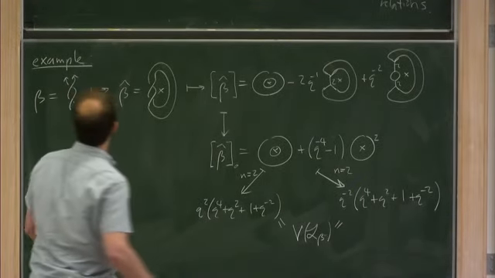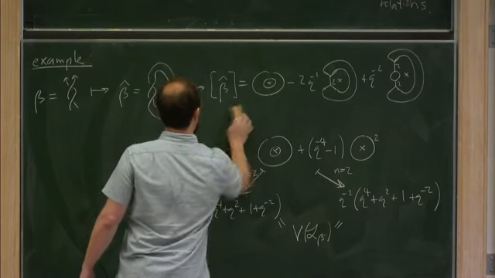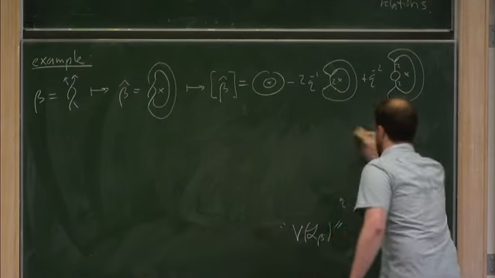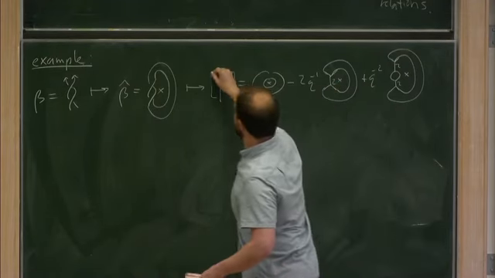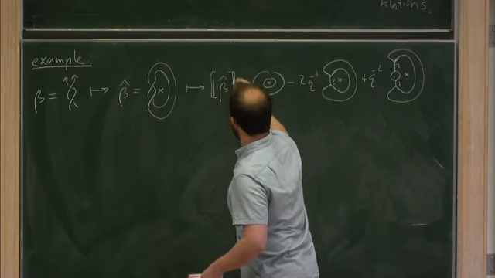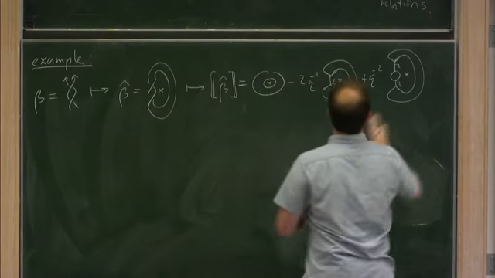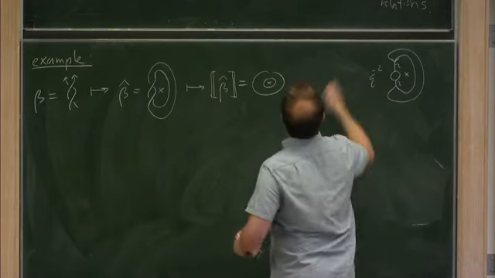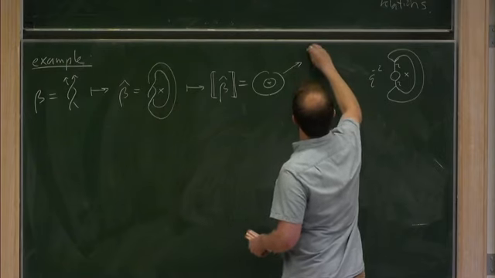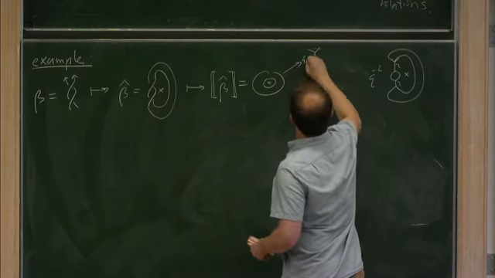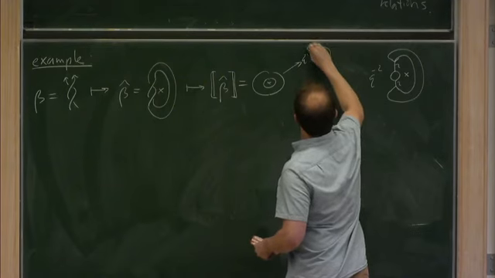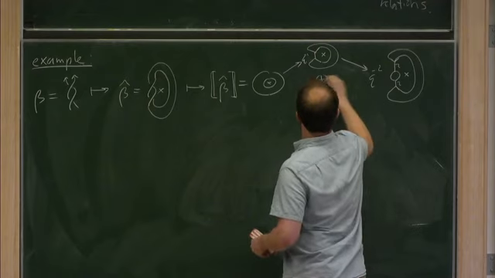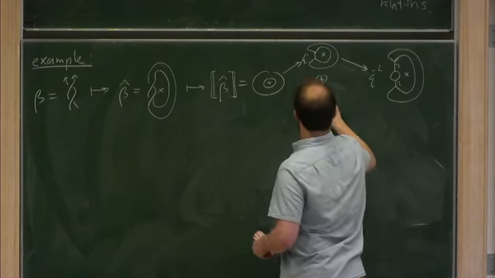So, let's see. I just want to take the fancier bracket here, and now this will look like some complex where I have that thing with some cobordism there, direct sum, some cobordism there.